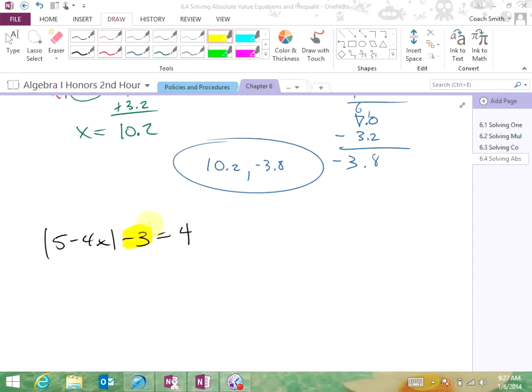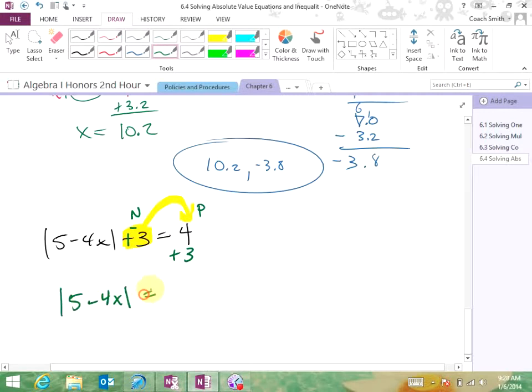So I got to take this over to the other side. To do that, that is plus negative. So here it was a negative, here it becomes a positive. And so that's a positive 3, which means I have the absolute value of 5 minus 4x equal 7.